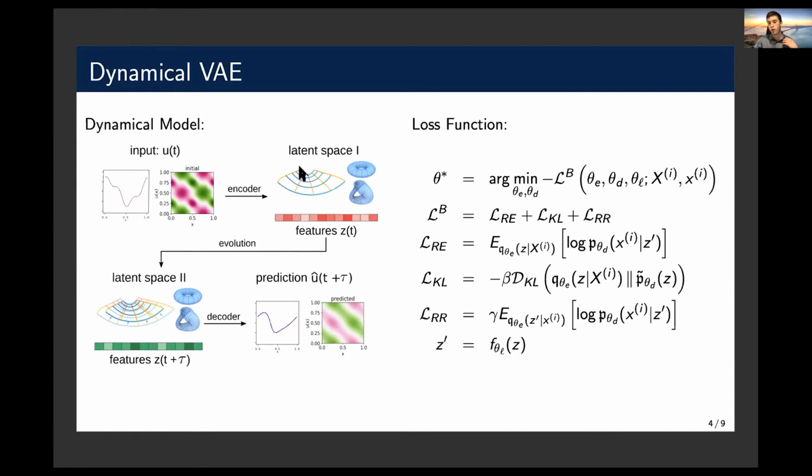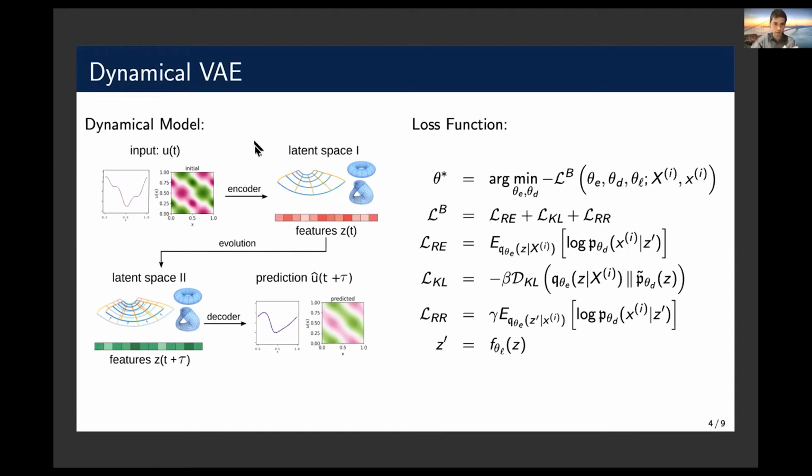And then we can perform the time evolution in this low dimensional latent space. And then after we perform the time evolution, we decode it into whatever our prediction is.